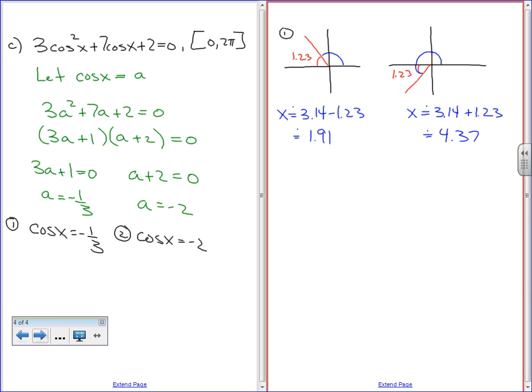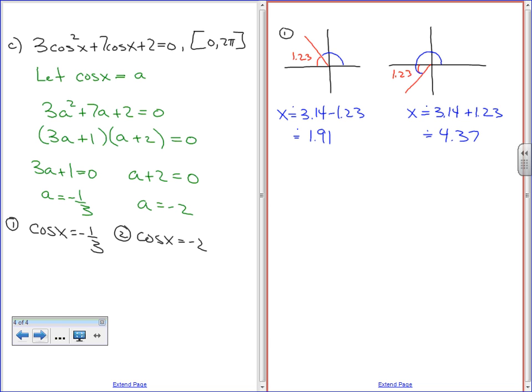So I've got my two primary roots. Once I have my two primary roots, I look up to my interval and make sure that if I need to add on multiples of the period, I do so to fit inside my interval. Do I need to add on anything in this example? No, okay, because it goes from 0 to 2 pi. So that's your first one.